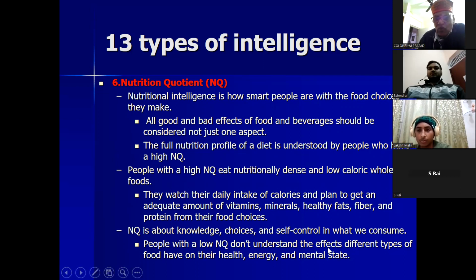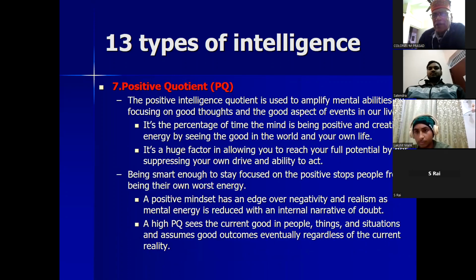People with lower IQ don't understand the effects of different types of food on their health, energy, and mental state. It means I must remain physically fit. And nutrition also involves exercising yourself. If you don't exercise, again, it's part of nutrition, is it or not? Though the word is different, it's a type of nutrition.